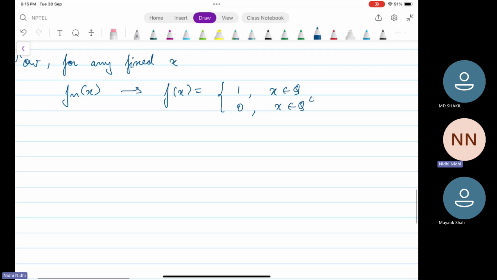And this function has a specific name. This is called the Dirichlet function. And I think you all know about its integrability. It is not Riemann integrable.